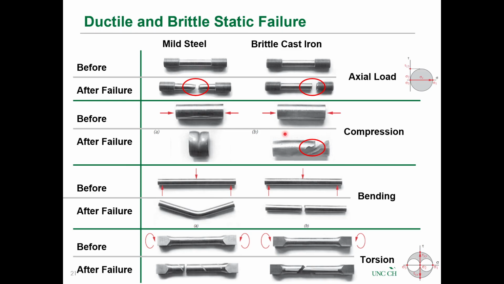Bending here causes the bending stress, which is similar to the axial load, and it causes failure like this. For the ductile material, well, we just defined failure as it bent out of shape. And then if we look at torsion, in this case where we have the applied shear, okay, so the principal stresses are equal to the shear stresses, the failure mode for ductile material is actually in the normal plane.